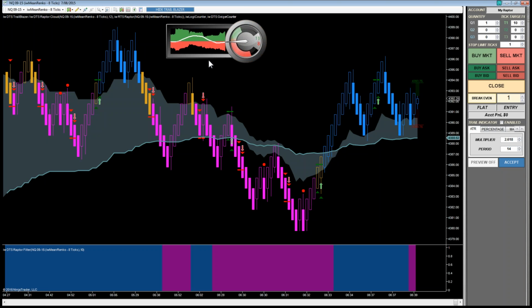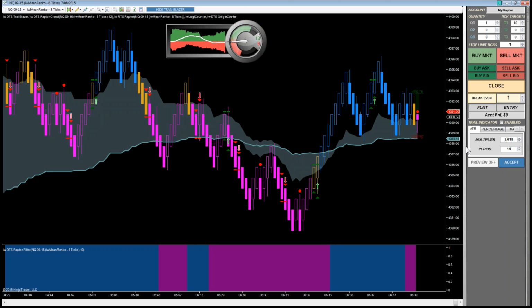Oh, by the way, there's some system add-ons which I'll show you. And Francisco asked a great question. Francisco is asking, how do you see the buyers and sellers? Well, this little tool right here is called the Geiger counter.